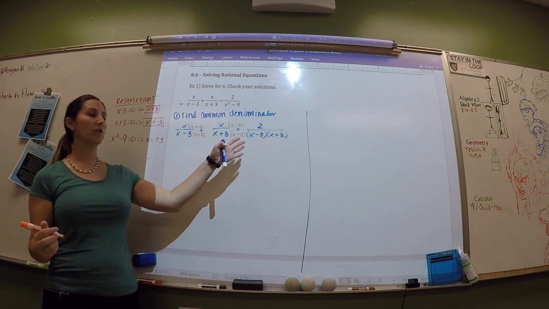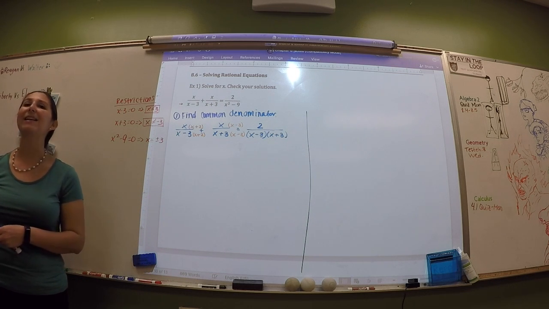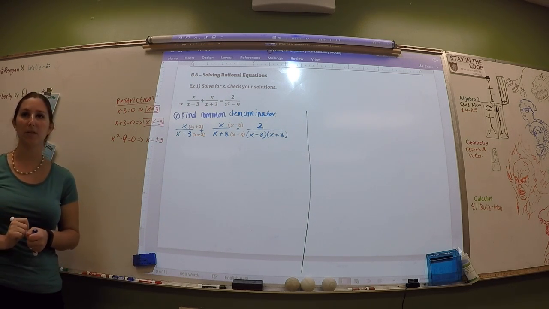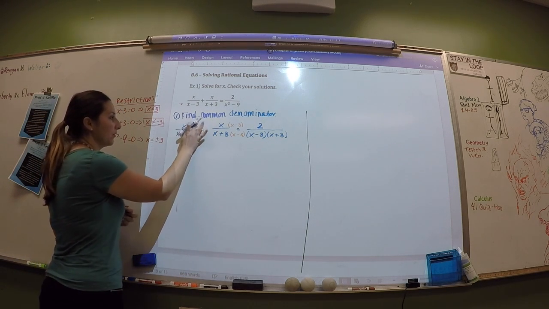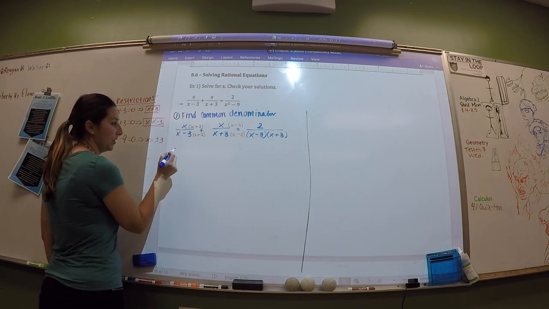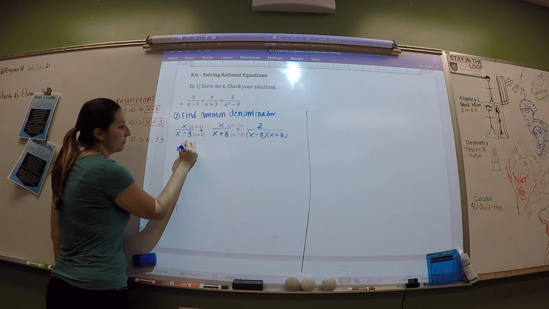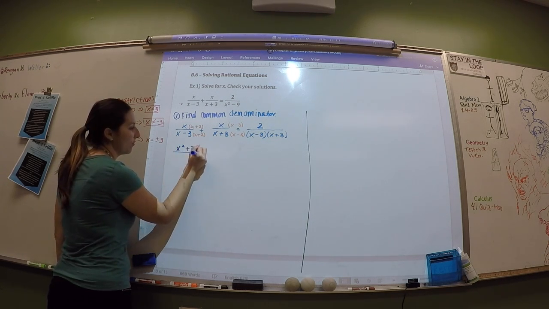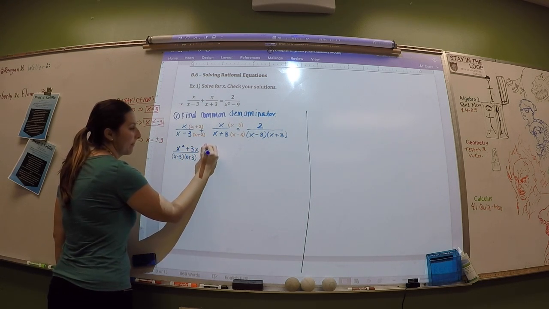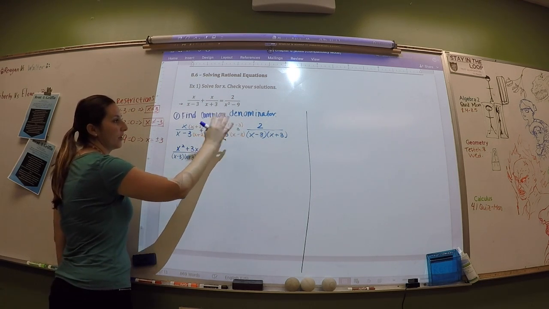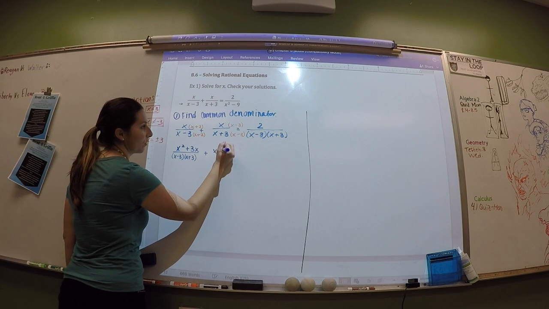Now, the final fraction has both, so I don't need to multiply that by anything because it already has the denominator x plus 3 and x minus 3. So this fraction, when I distribute the x, becomes x squared plus 3x over x minus 3 times x plus 3, plus this fraction is going to become x squared minus 3x.